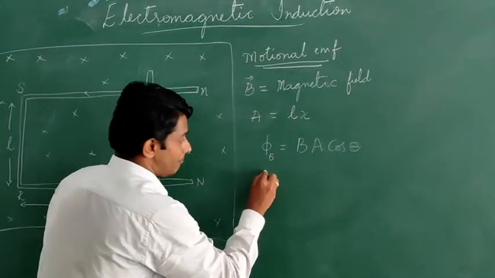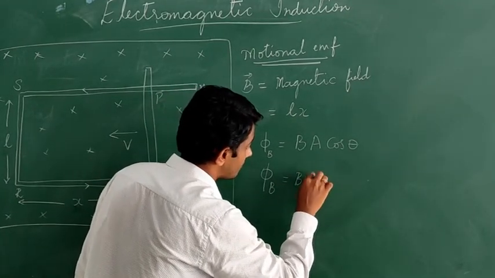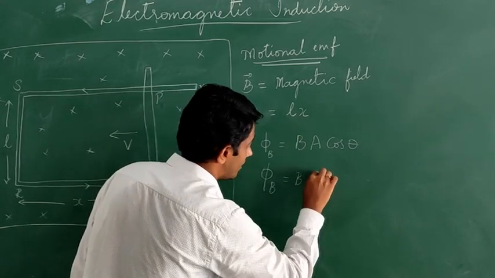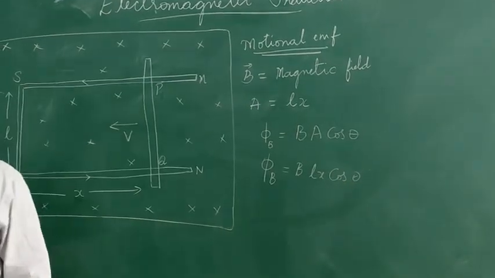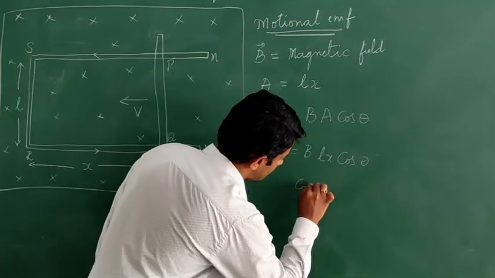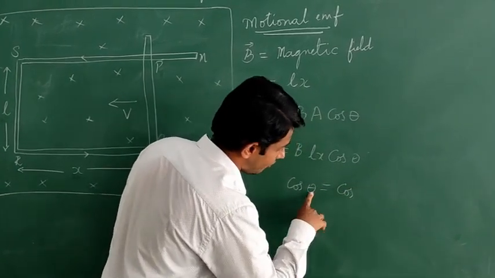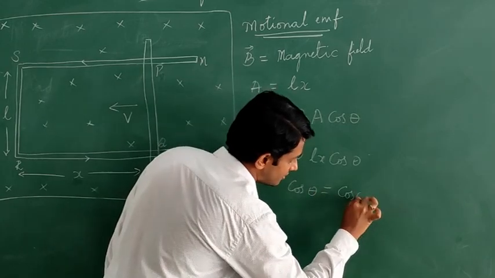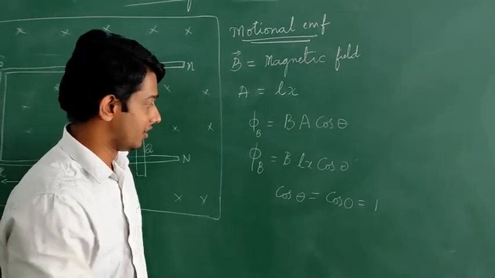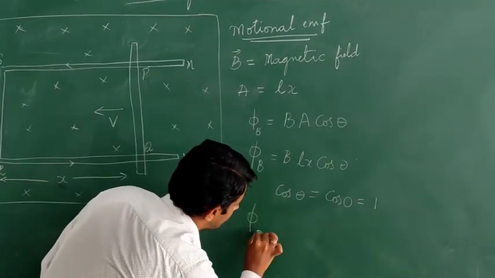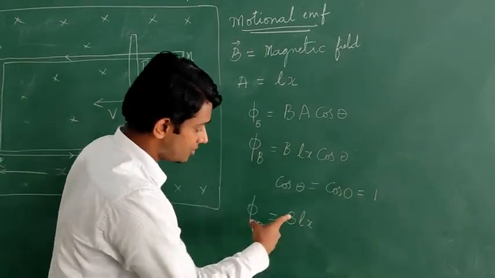Here A is LX, so phi B is equal to B LX cos theta. The value of theta is 0, so cos 0 is 1. So phi B is equal to BLX, since multiplying by 1 gives only BLX.